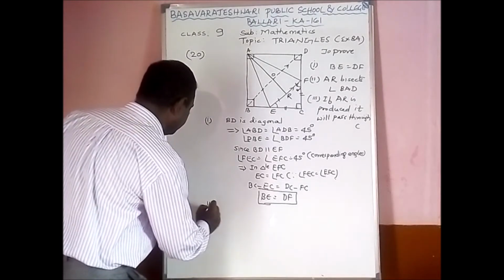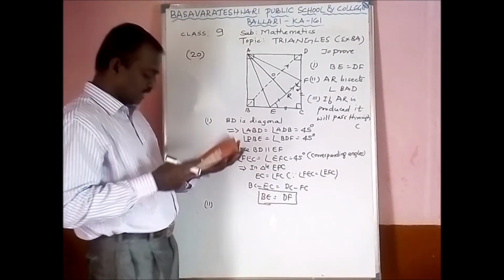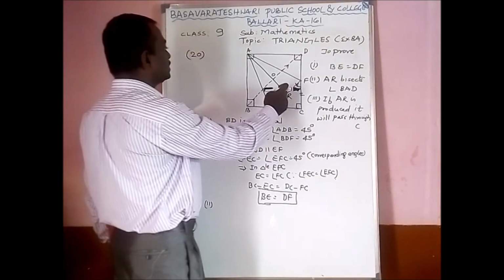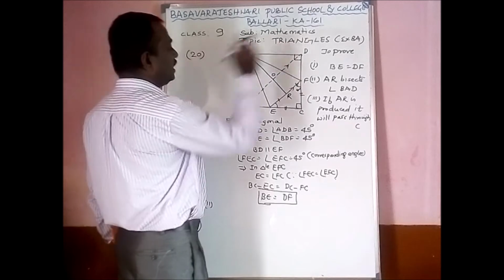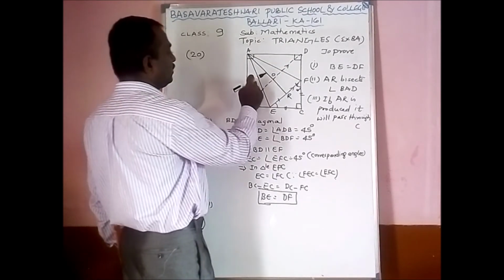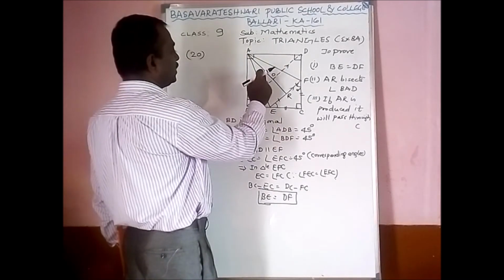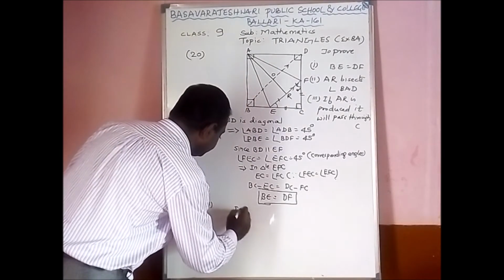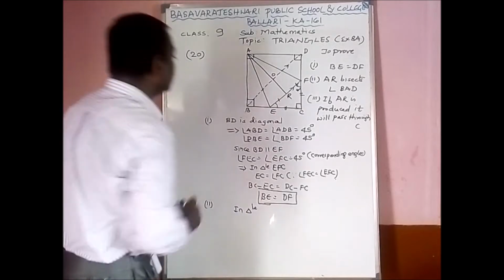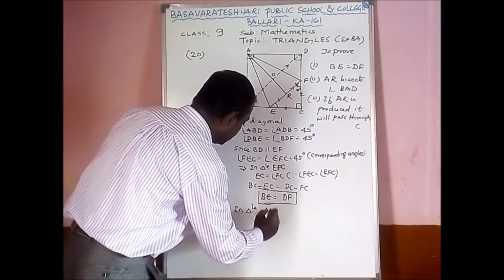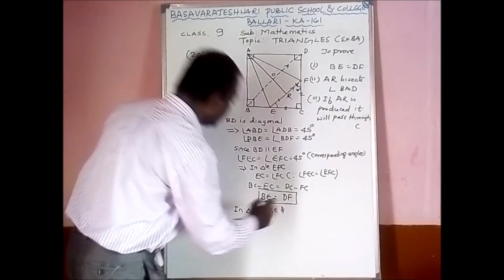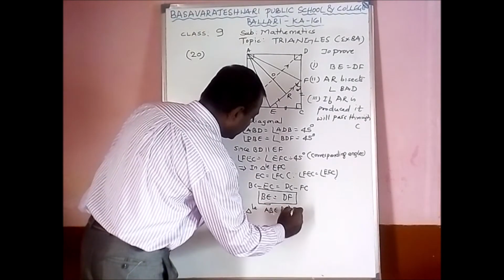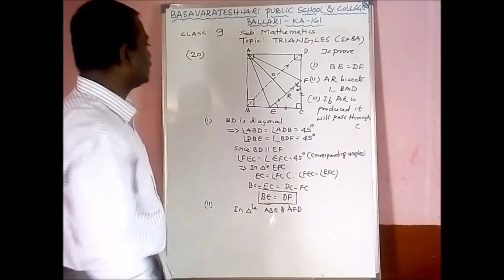Second proof. What do you have to prove? AR bisects angle BAD. First we have to prove the congruence of these two triangles. In triangle ABE and AFD, let's tell the congruency part.